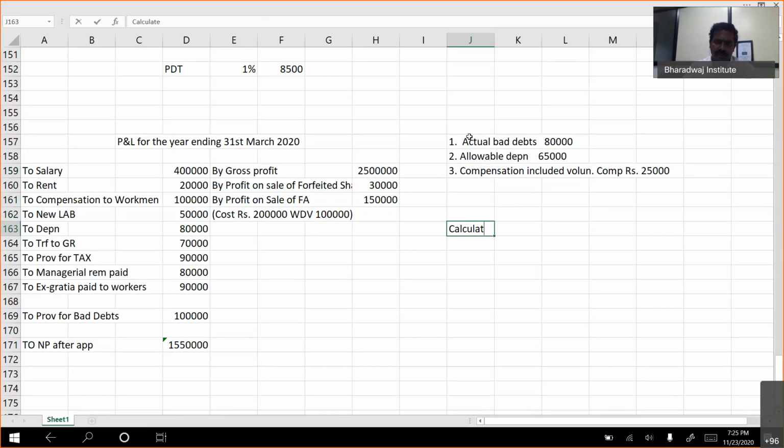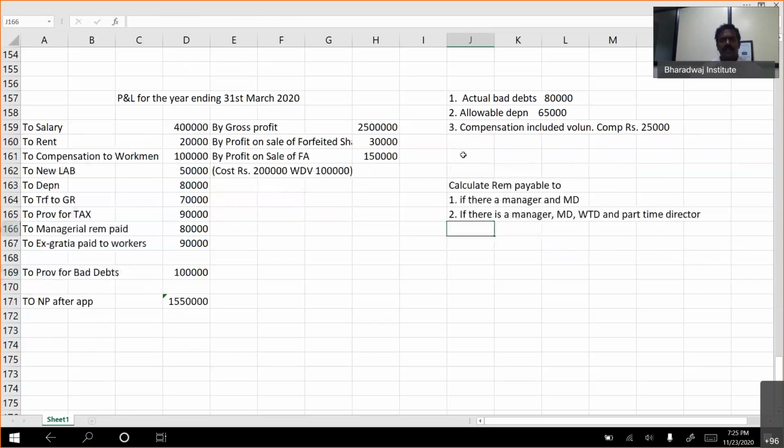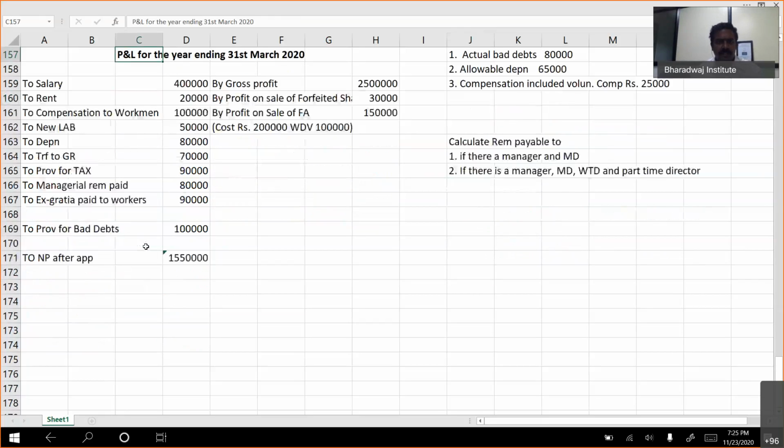Calculate remuneration payable if there is a manager, MD, full-time director, and a part-time director. This is a question that can be tested for around 8 marks.